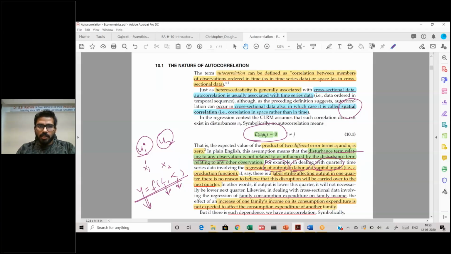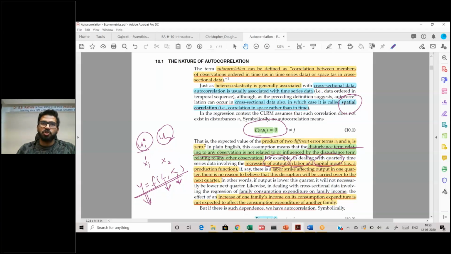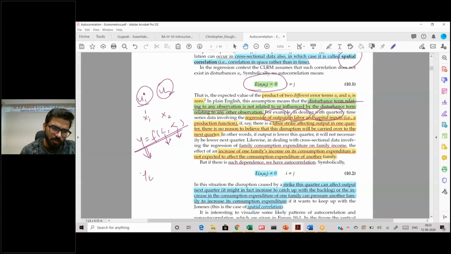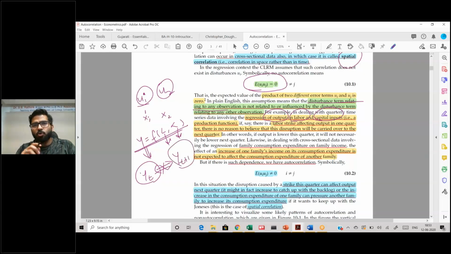Now, what this autocorrelation assumption is assuming is that if in this t period there is no output, or there is some depression in the output, then that has no relationship at all with the output that is going to be there in t+1. However, that is not going to be the case. You can pretty much imagine that because the base is so small, as soon as the lockdown is over, there will be a huge pending demand.